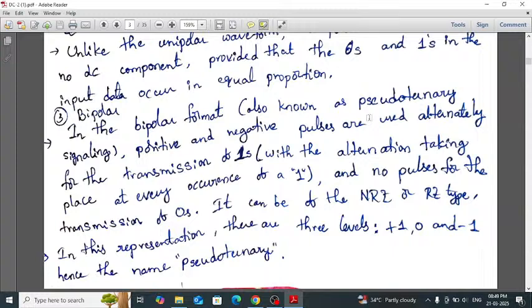AMI format, alternate mark inversion. Pseudo ternary logic, which is also called as alternate mark inversion.